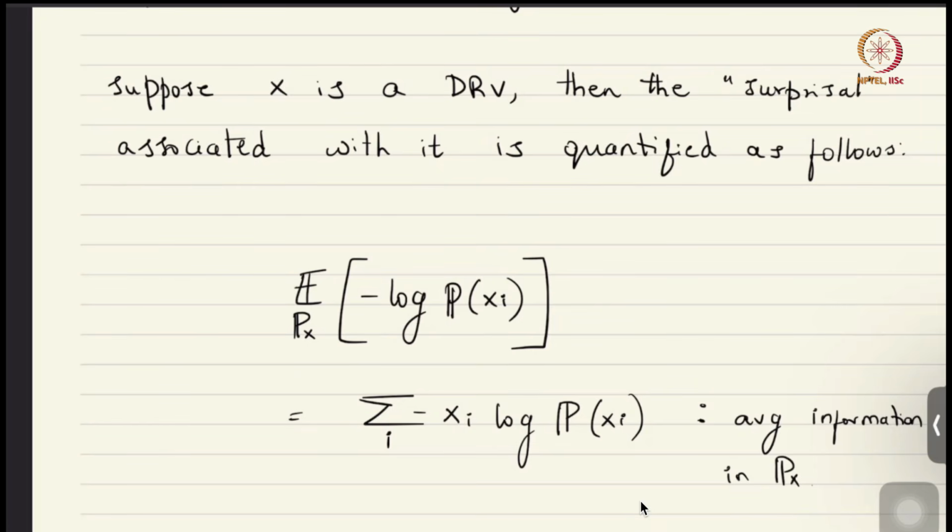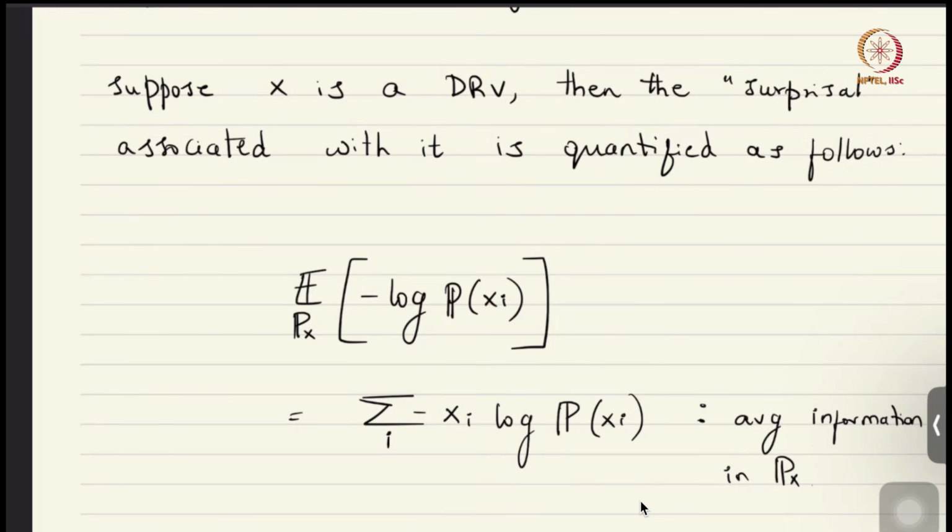Makes sense, right? So if you are looking at one particular event and you know how to quantify the surprisal or information associated with one particular event, if you want to do it for an entire distribution, you just take the average. The notion of average from a statistical sense is that you look at the expected value of that particular function.